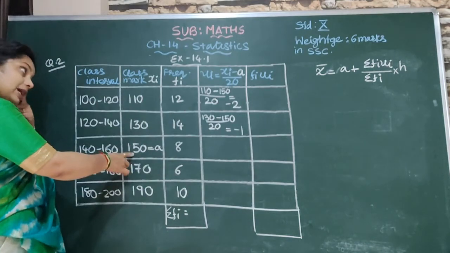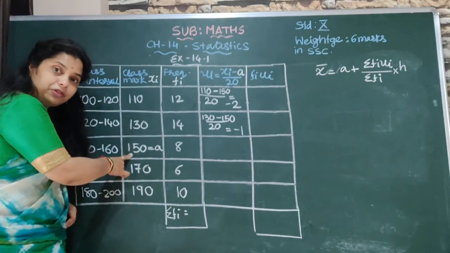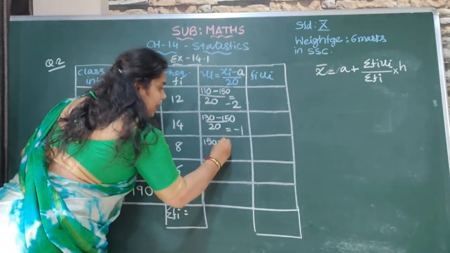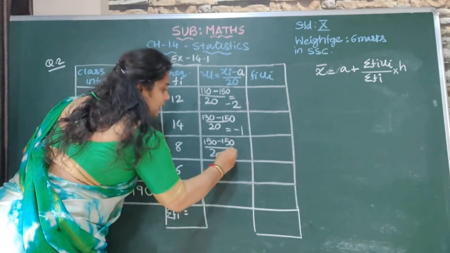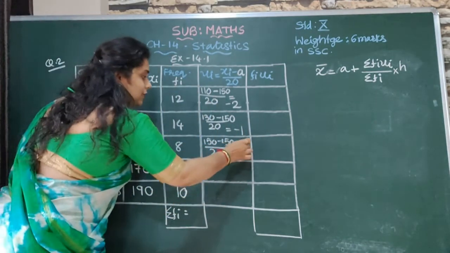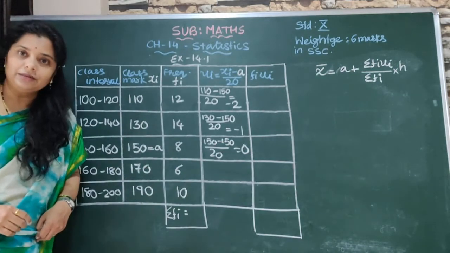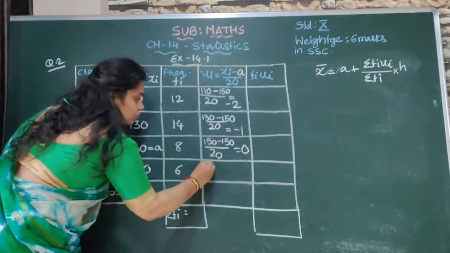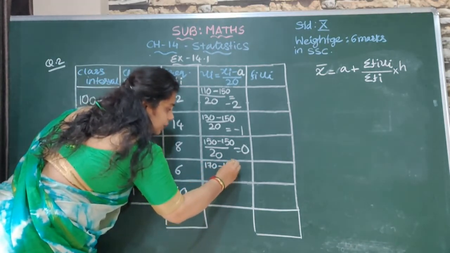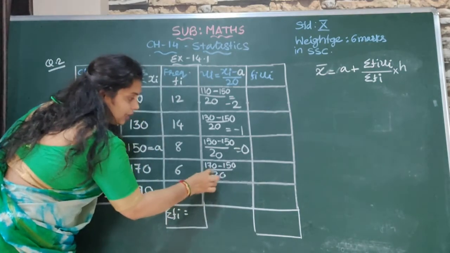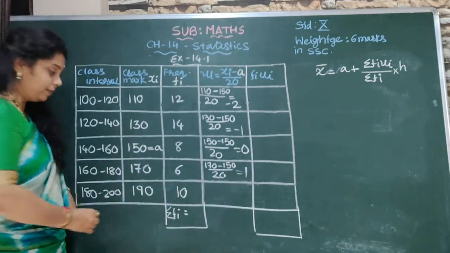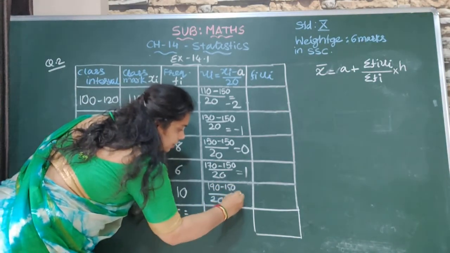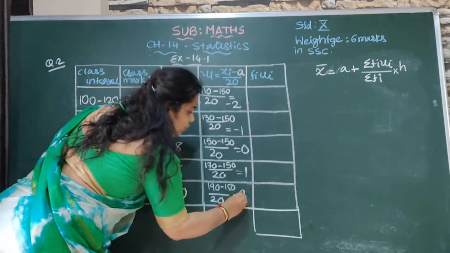Now xi is 150 and a is also 150, so (150 minus 150) by 20 is equal to 0. Is it clear? Next, (170 minus 150) by 20, so 20 by 20 is equal to 1. Then (190 minus 150) by 20, so 40 by 20 is equal to 2.